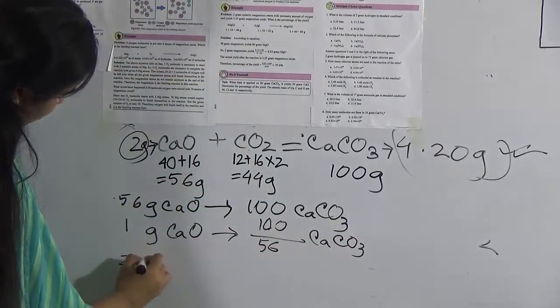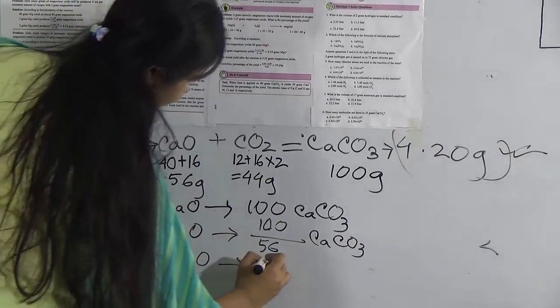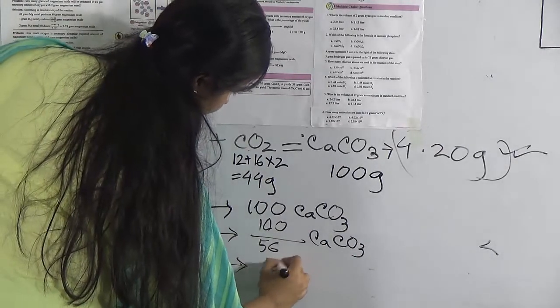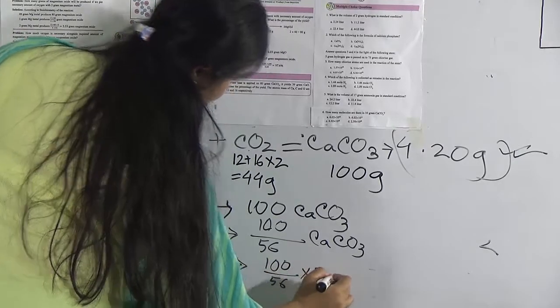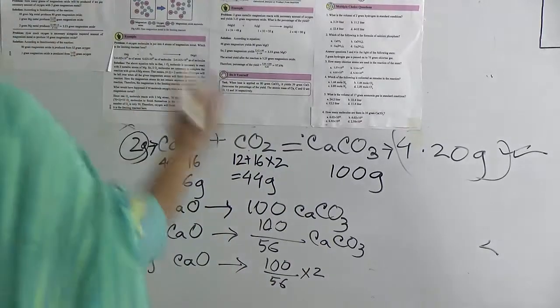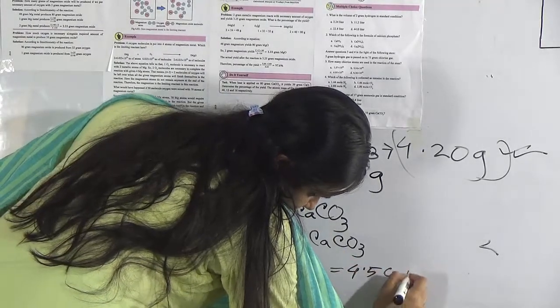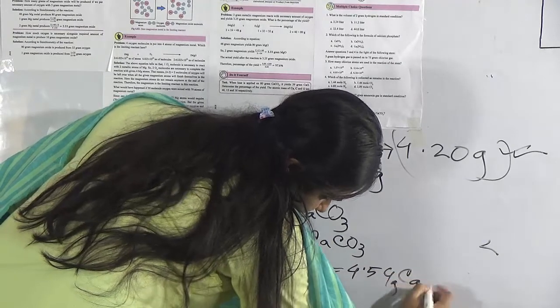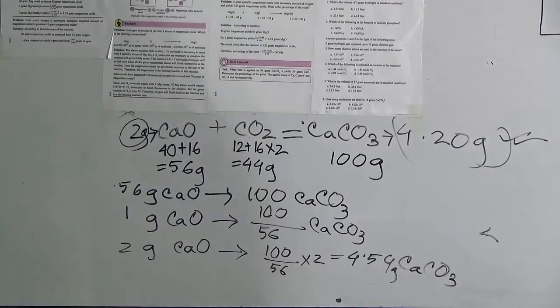So 2 gram of calcium oxide produce 100 by 56 multiplied by 2. If we calculate this, this will be 4.54 gram calcium carbonate.